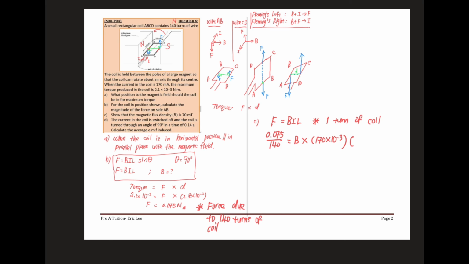Don't take the length of BC. Take the length of AB. It must be perpendicular to the magnetic field.